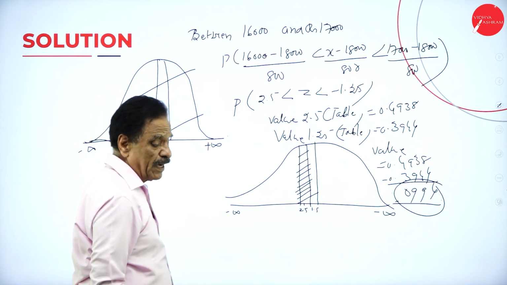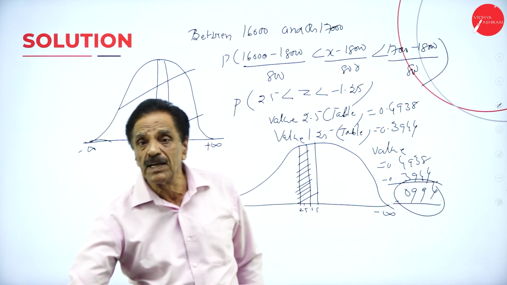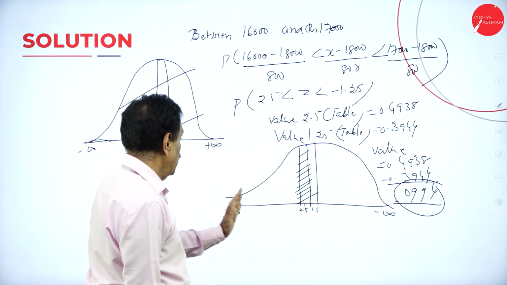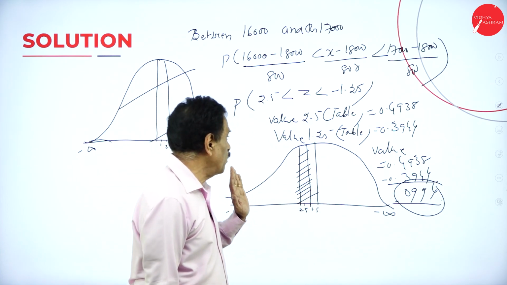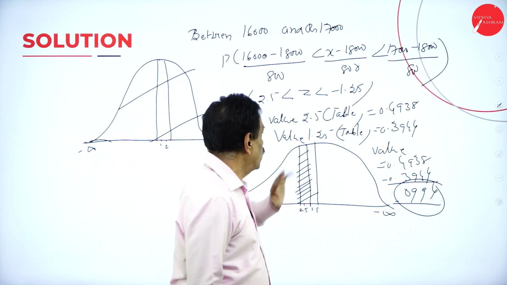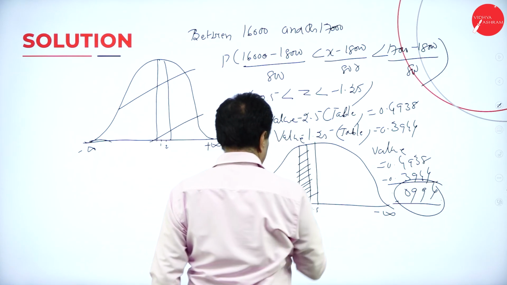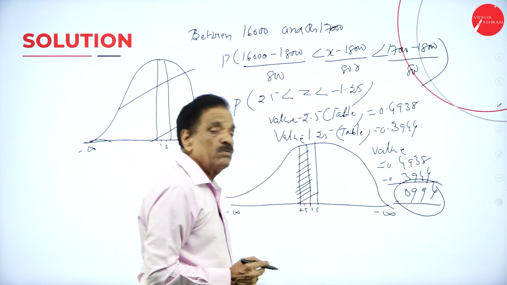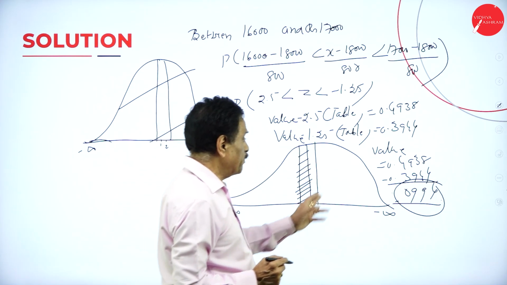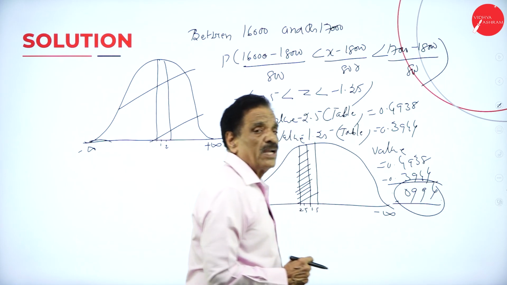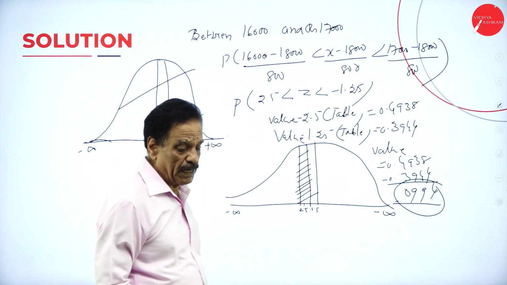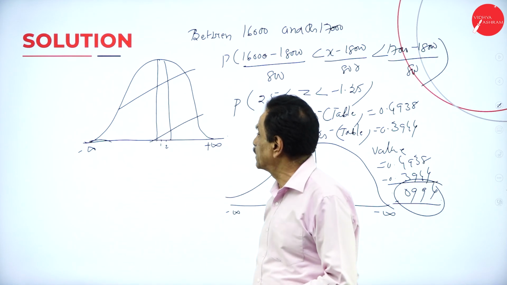If the number of employees is given, then you have to multiply by it. So here you must be very careful. Both are negative, minus 2.5 and minus 1.25. Find the values and make the mark. From the highest value, deduct the lowest value. This is the answer. We have not multiplied. Hope you understand.